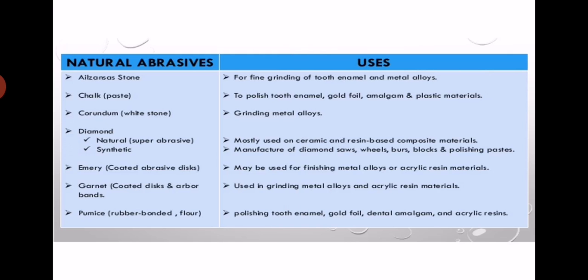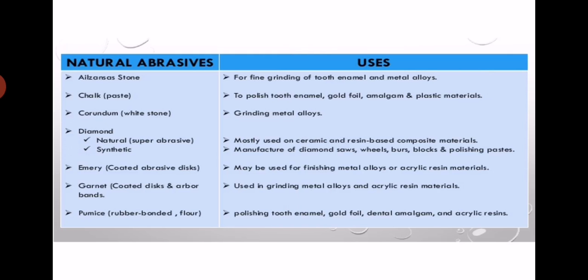It is a paste, and we use this paste to polish tooth enamel, gold foil, amalgam, and plastic materials. The next natural abrasive is corundum, which we use in the grinding of metal alloys.